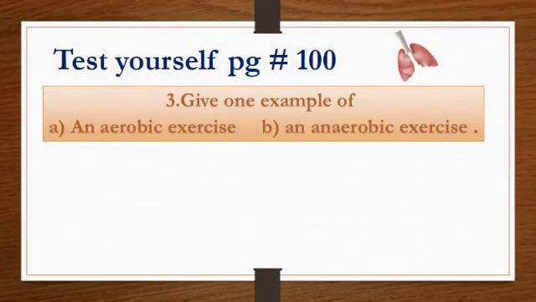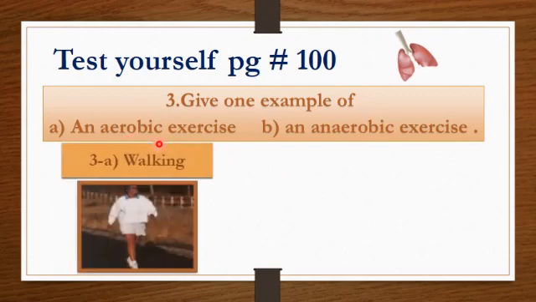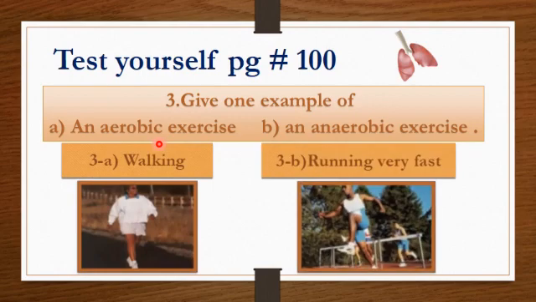Going to answer question number 3 of your Test Yourself from your book, that is, give one example of an aerobic exercise and one example of an anaerobic exercise. First we will see aerobic exercise. Its example is walking, and the anaerobic example is running very fast.